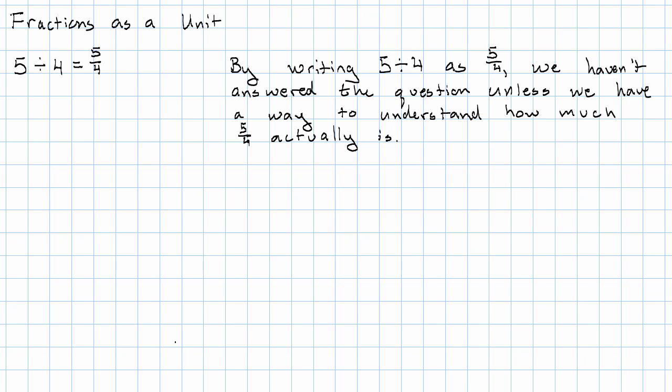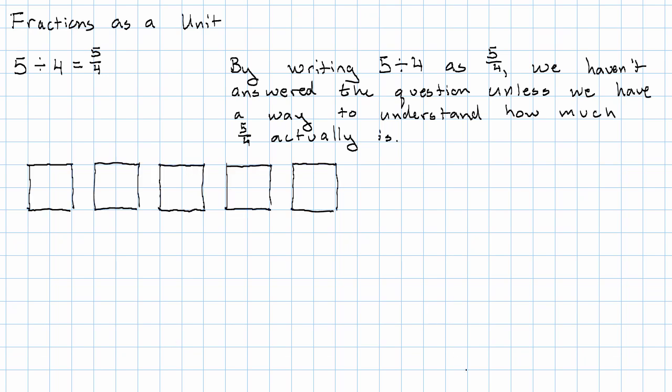To understand how much 5/4 really is, we need to take another look at what we're actually doing when we do this division. If I want to take 5 divided by 4, the easiest way to do that is to cut each of my whole things into 4 equal parts.